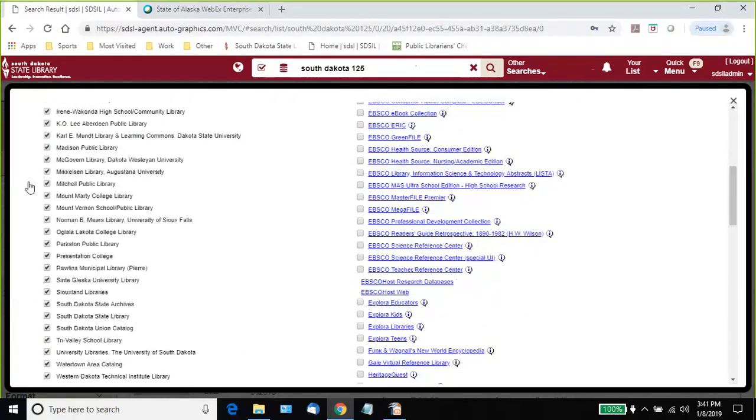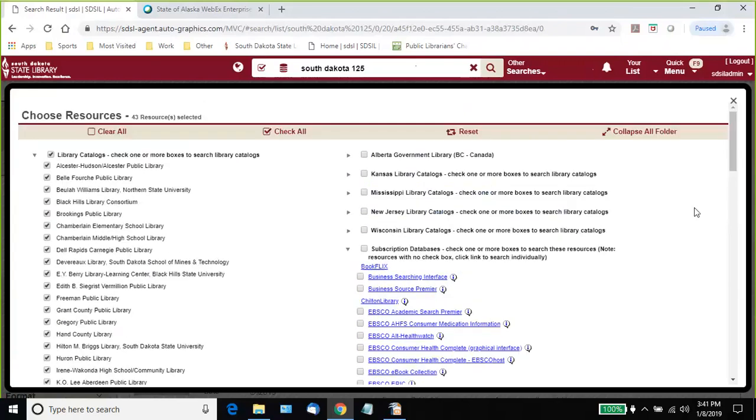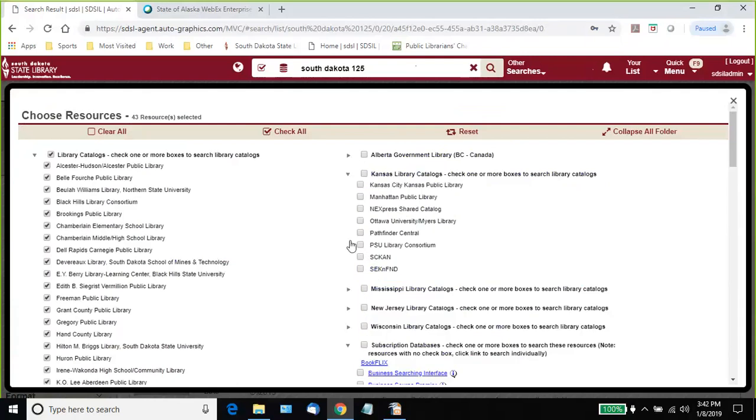That's why they're all checked off here. Library staff can change that if they wish to, but when we set it up for a new participating library, we automatically set it up so that all of the South Dakota libraries are searched by default. And you can see over here we have those ISI participating libraries, which are not searched by default, but a staff person could select any of them if they want to. And here's our list for the Kansas libraries.